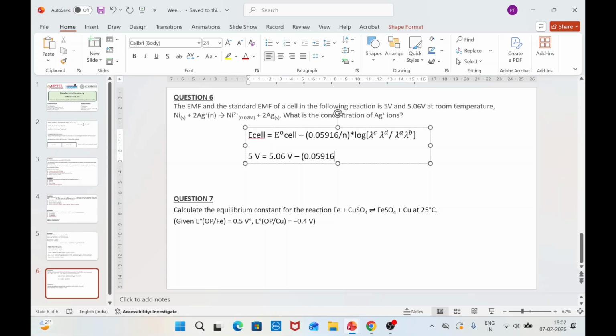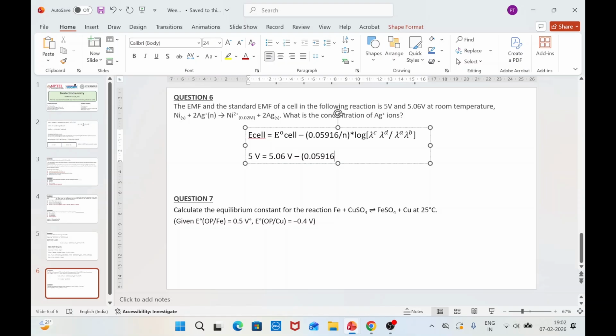In case this reaction, let's say, is stated to take place at 30 degrees Celsius or 50 degrees Celsius, then the value of T will change, so the value of RT by F also will change.